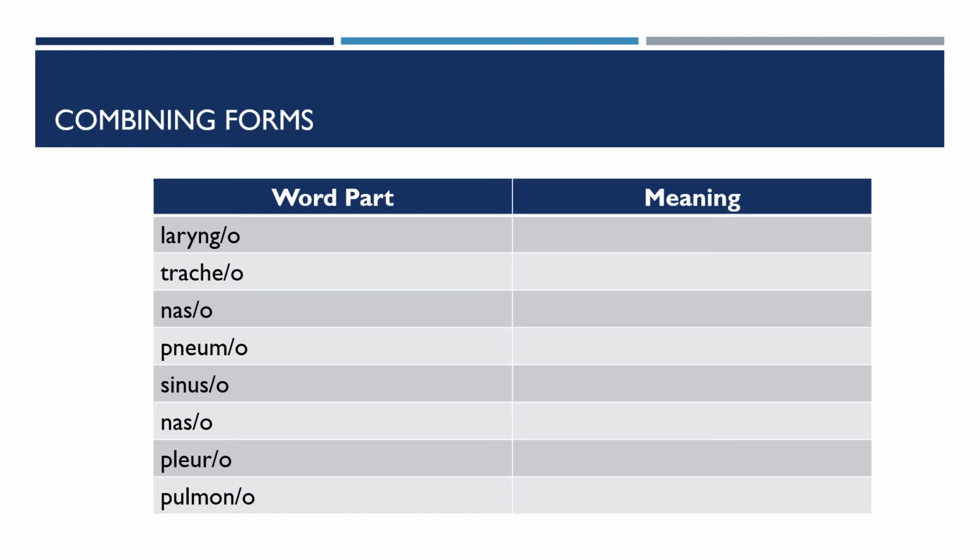Pneumo, lungs. Sinuso, sinuses. Oh, here's naso again. Apparently I have that on here twice. Nose. Pleuro, the membrane surrounding the lungs called the pleura, and pulmono, the lungs.